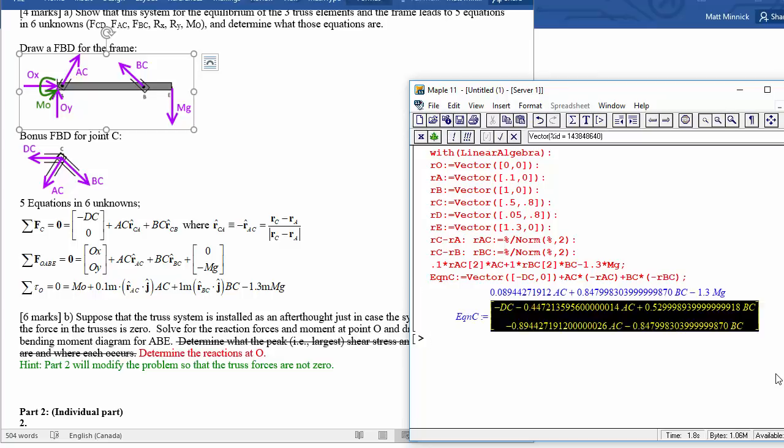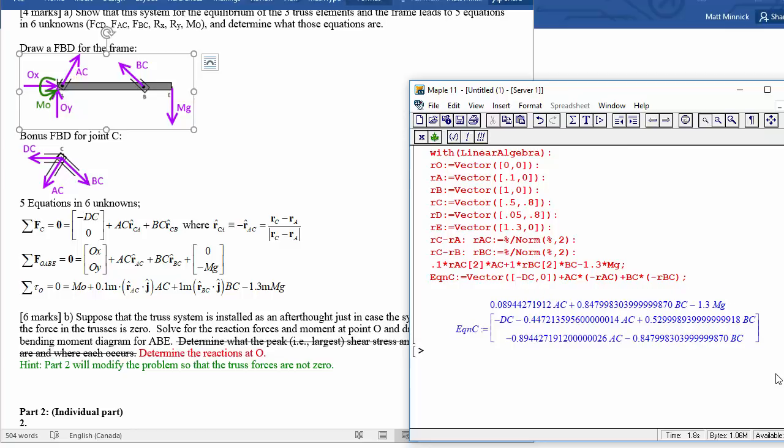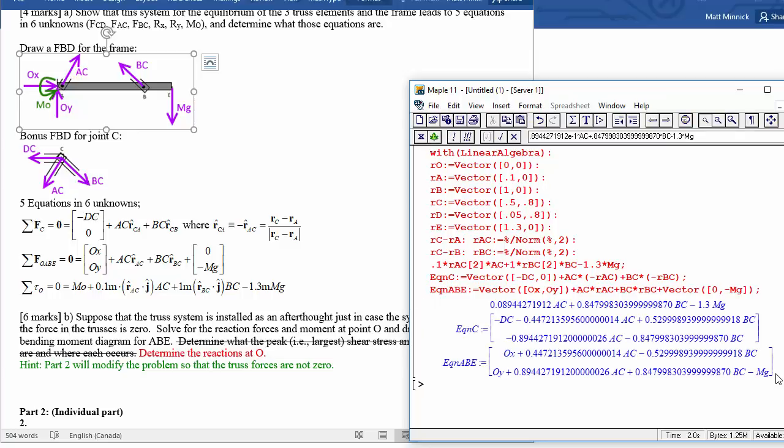We've got a vector version of the equilibrium equation for C. Equation ABE would be equal to, similarly, vector OX, OY plus AC times RAC plus BC times RBC plus another vector 0 and negative mg. So there are the two vector equations we've got. Maybe we'll call this one the torque equation.